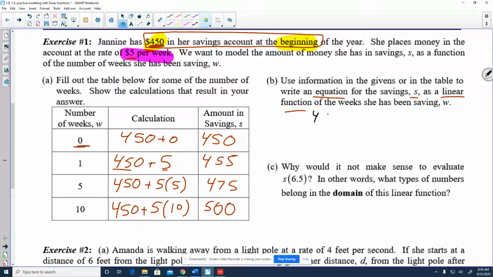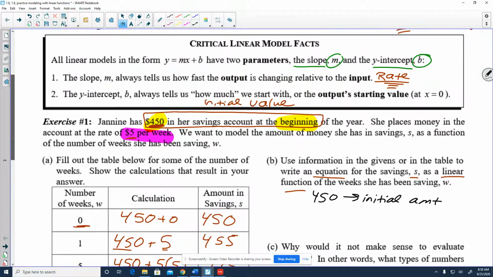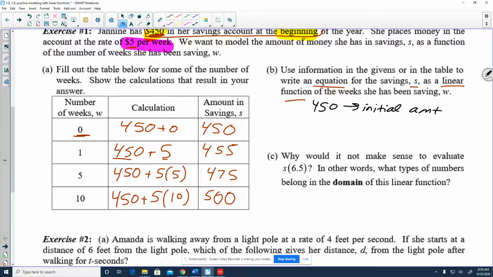So 450 is our initial amount. Okay, we said up top that our initial amount is always our y-intercept b. Okay, our rate is $5 per week. That's our rate, or our m.